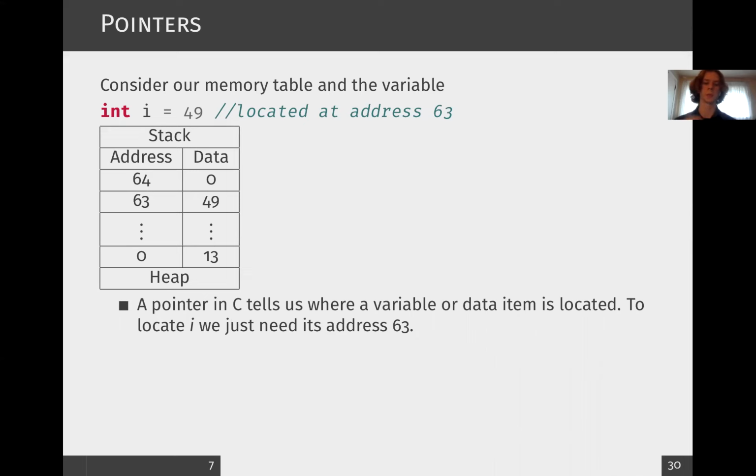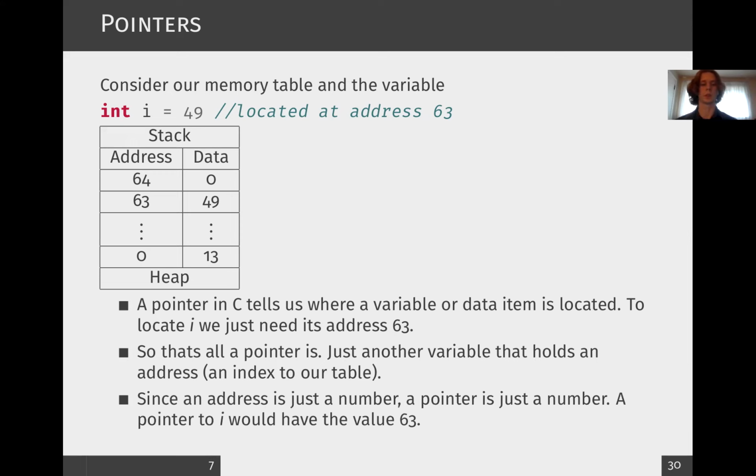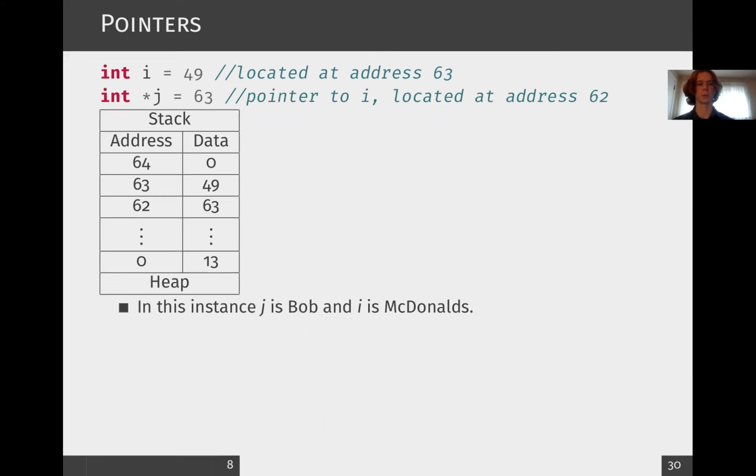It's the value of the variable. To locate I, we just need its address, 63. This is what a pointer in C is. It's just another variable that holds an address. It holds the index of something else in our table. Since an address is just a number, a pointer is just a number. A pointer to I would have the value 63.